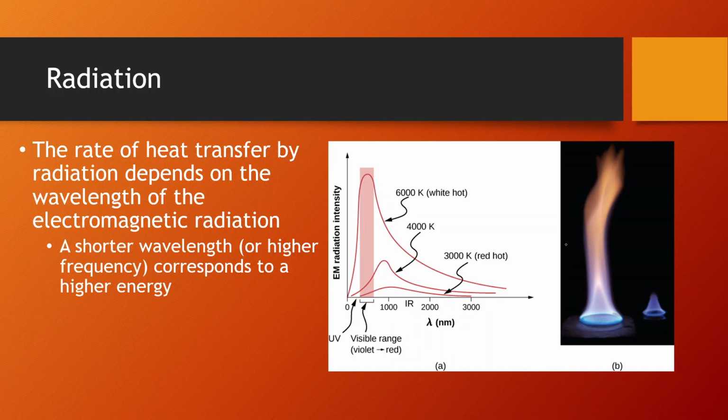We can also think of this in terms of colors, blue versus the red up here. The shorter wavelength is actually where a fire is the hottest, and it's cooler as it goes up here. This more orangey color is where the fire is cooler.